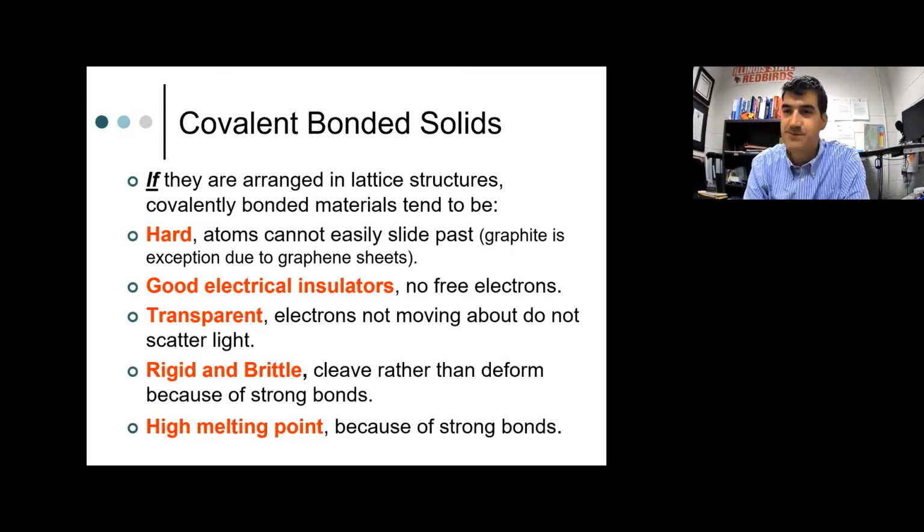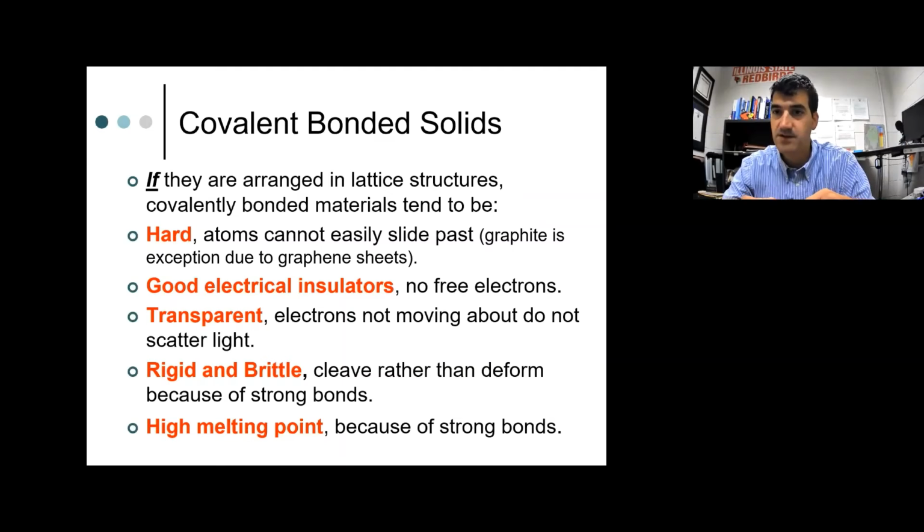All right, I already mentioned this, but covalent bonded materials, if they form a lattice structure, then we can say pretty much the same things about them that we said about ionic bonded lattice structures. This is almost the exact same slide as we had a few slides ago. If covalent bonded materials form lattice structures, then they are hard, and they are good electrical insulators and thermal insulators for the same reason. They're also transparent, they're rigid and brittle, and they have a high melting point, for all the exact same reasons that we talked about earlier.